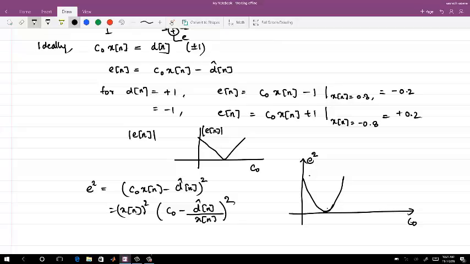If xn was negative, d hat of n will also be negative. So the error square, which is what I am observing, will give me the same value whether I deviate from the positive or the negative level. So I observe the quantity E square itself and change the coefficient.